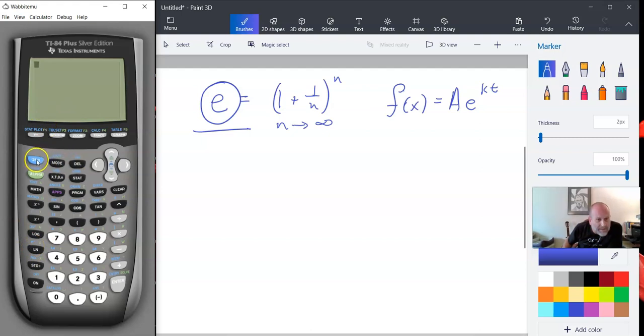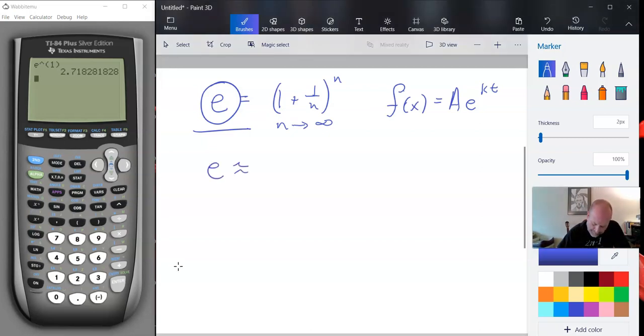So now we have e to some power, and if we want e itself, we'll type in 1, e to the first power. That is not an exact number, that is an estimate, that is rounded off. But e is approximately 2.71828 and so on. It's going to keep on going forever. This calculator just takes it out as far as it can.